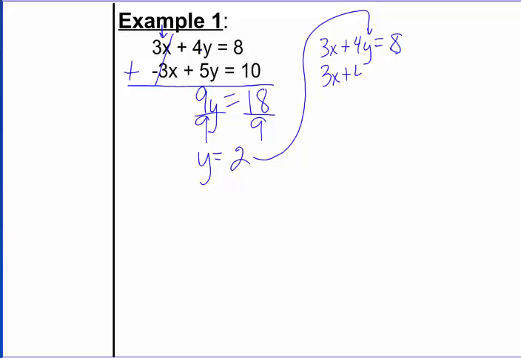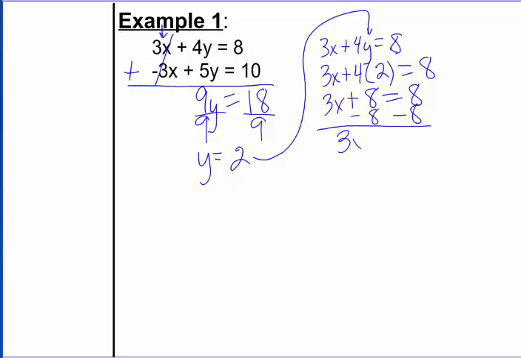So 3x plus 4 times that y value of 2 equals 8. So 3x plus 8 equals 8, minus 8 from both sides. Get 3x equals 0. So divide by 3, so your x value equals 0. So our answer is (0, 2).